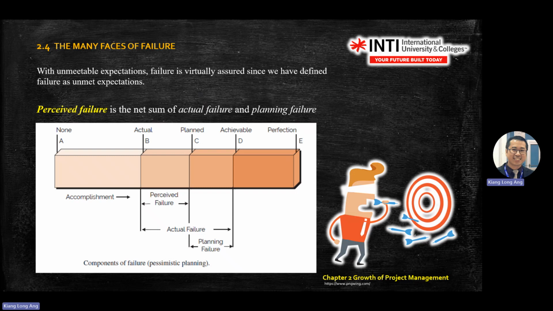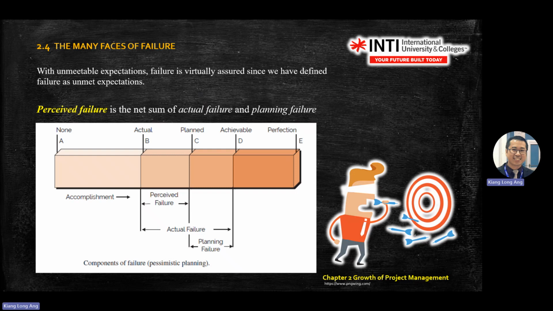So this is a chart. We have four components or four phases or four grades. One is none, not achieving anything. Actual, plan, achievable, perfection. Perfection means 100% perfect.